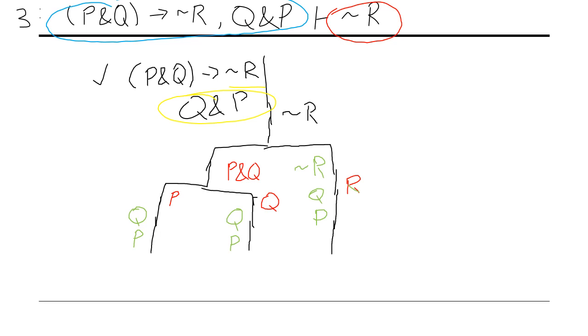So again, we just repeat the same thing on all the branches down below whenever we do something above it. We just have to repeat the same thing on all the different branches. That's why you see Q, P, Q, P, Q, P on all of the different branches that are on here.